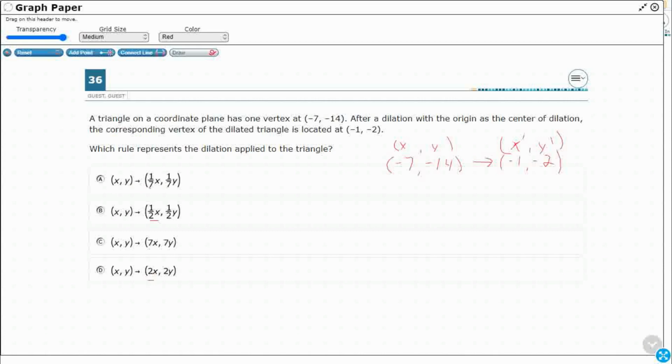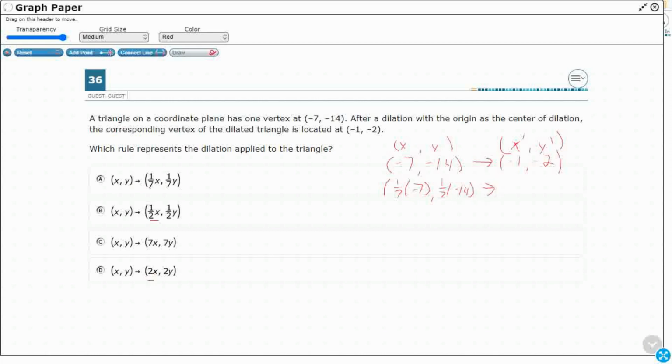All right, so we're going to start with -7, -14. I'm going to apply this rule right here, A. So that's going to be 1/7 times -7, and then 1/7 times -14. What does that look like?